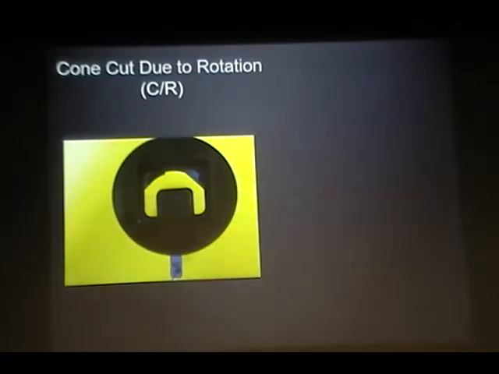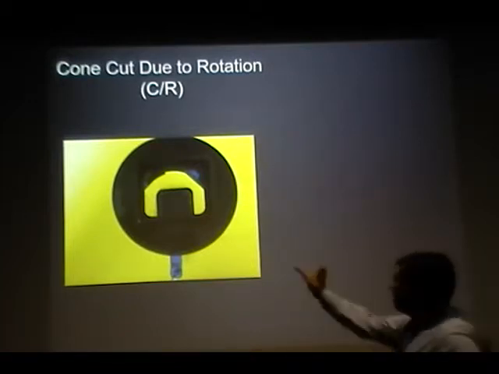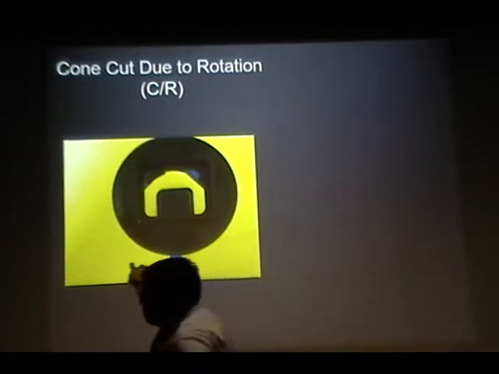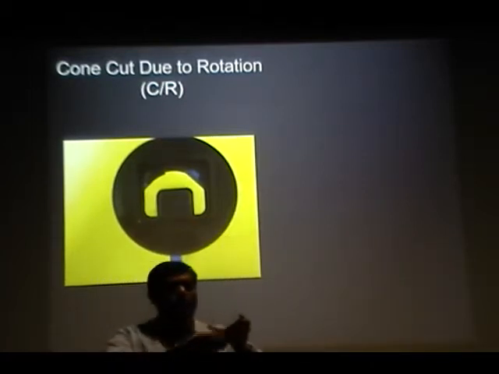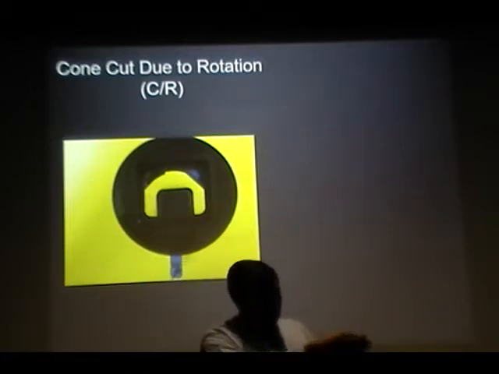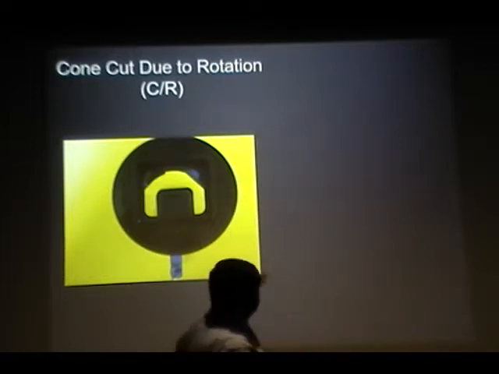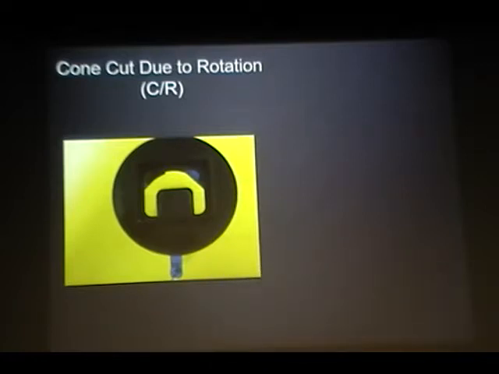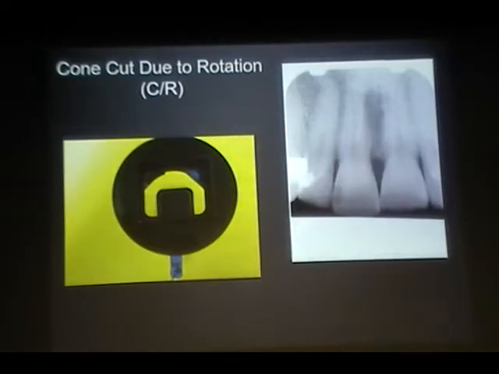And there is something called rotation. This collimator, when you are using it, please make sure that for posteriors, you place it in a horizontal fashion. It can rotate. So for anteriors, you have to rotate it vertically. If you don't rotate, and it's still like this, and you capture it, you're going to end up getting something like this. So this is called cone cut due to rotation.